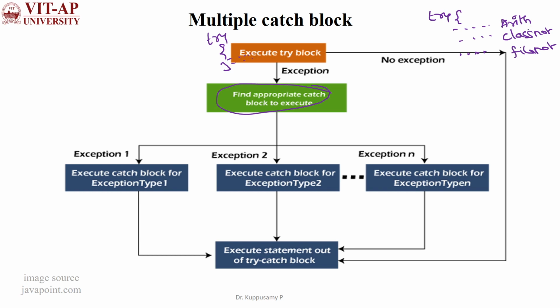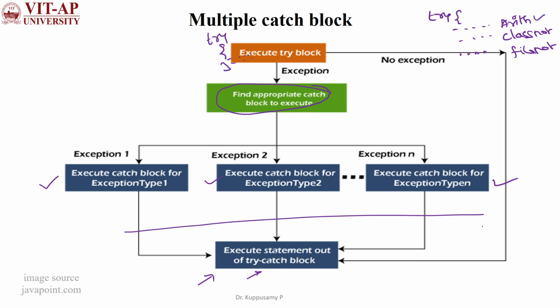So you see here we are having three different lines, three different exceptions. For each exception you can write one catch clause: exception 1, exception 2, etc., exception n. Then finally you can write the default code to execute outside of the try catch block. That means all the catch blocks are written.